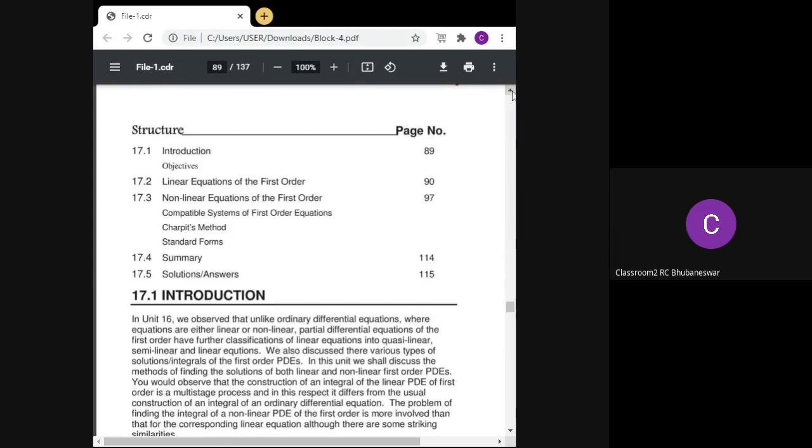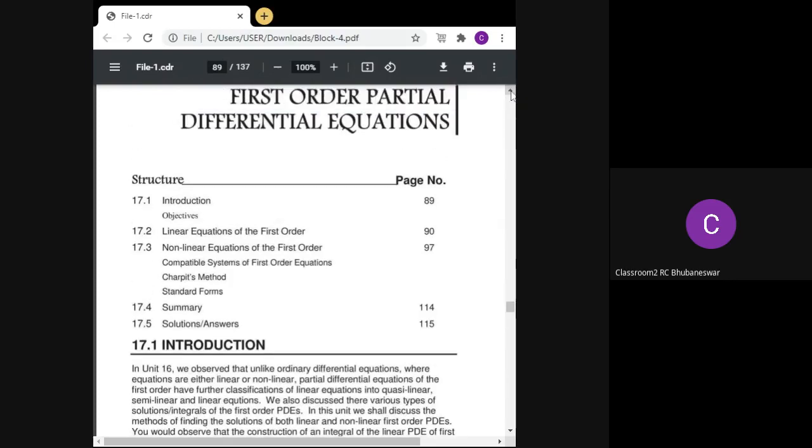As you can see on page number 89, we are now proposing to discuss first order partial differential equations. Here we have to cover linear equations of first order and then nonlinear equations of first order. Then, how can we know whether the system of first order equations is compatible or not?